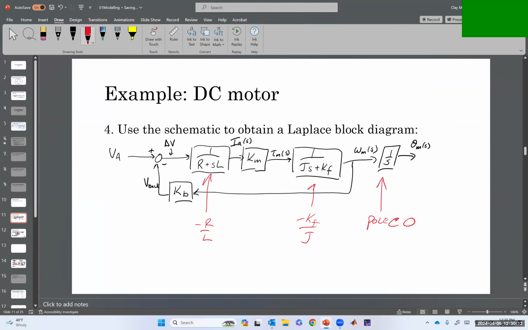Not of the subsystems, right? We've got all the subsystems that have s's in them, and we have identified their poles. They have no zeros. So we are eventually going to come to call these the open loop poles of the system. One is at negative R over L, one is at negative K over J, and one is at 0.